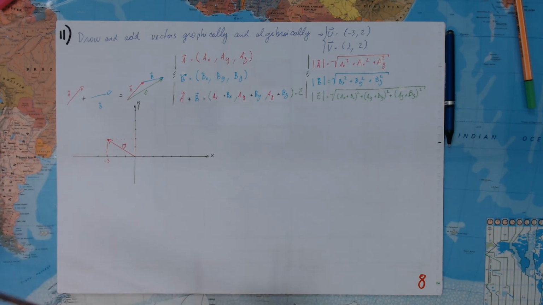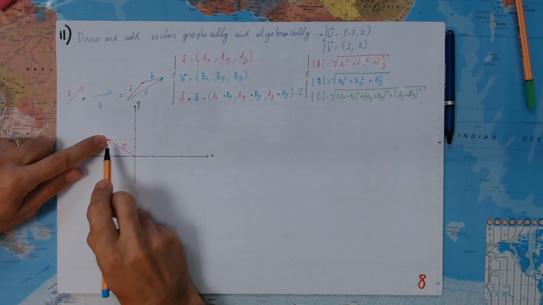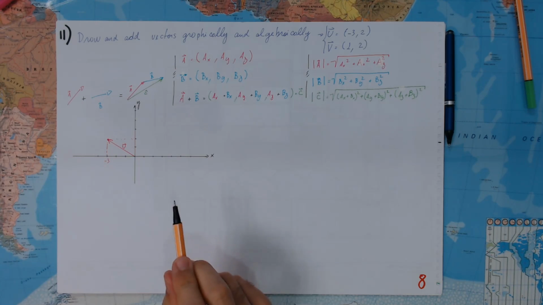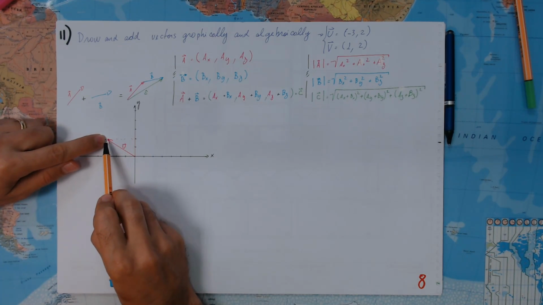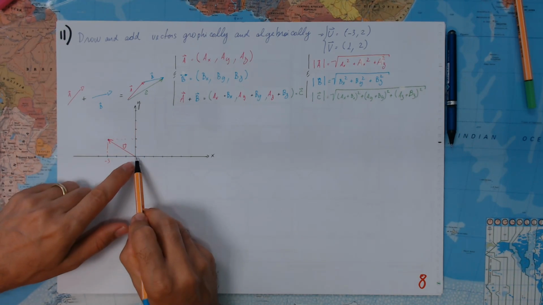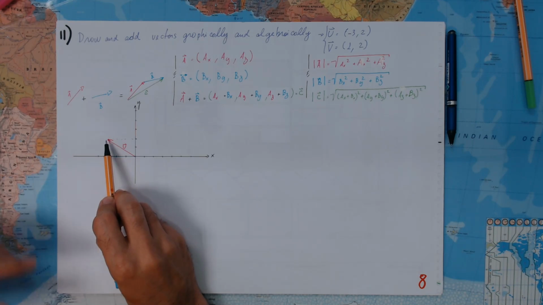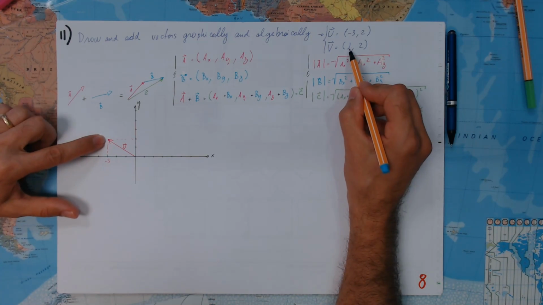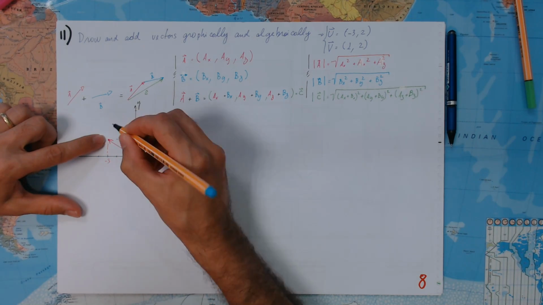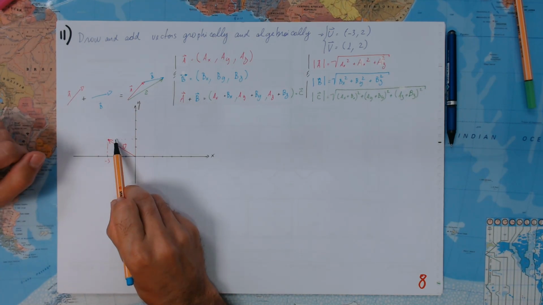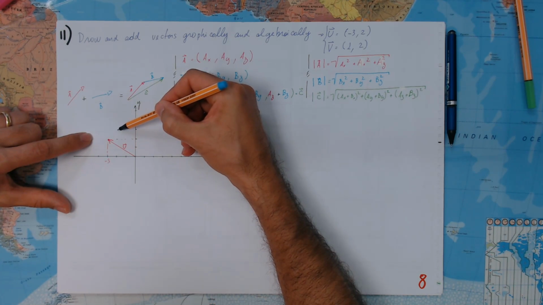Now, how can we add? We have to add v starting from the end of u. Now it's very easy. This is going to be our new origin. In the beginning it was that one, but now our origin is this one. Now follow this. Move 1 to the right, and 2 up.